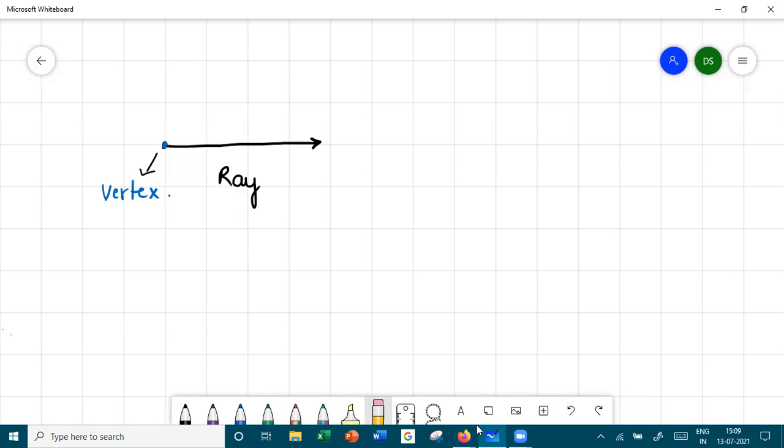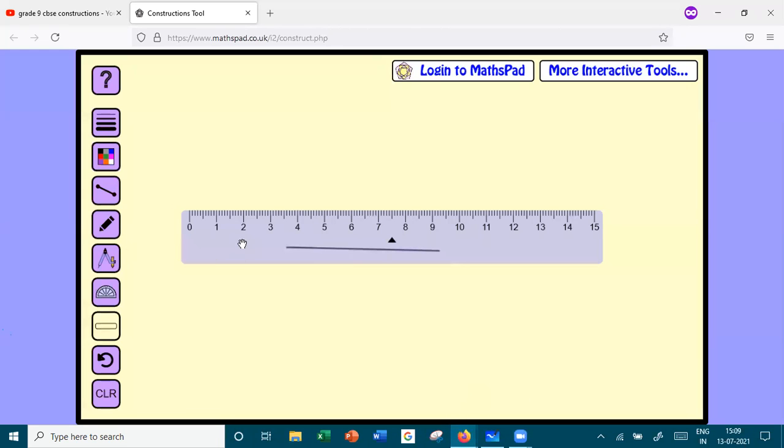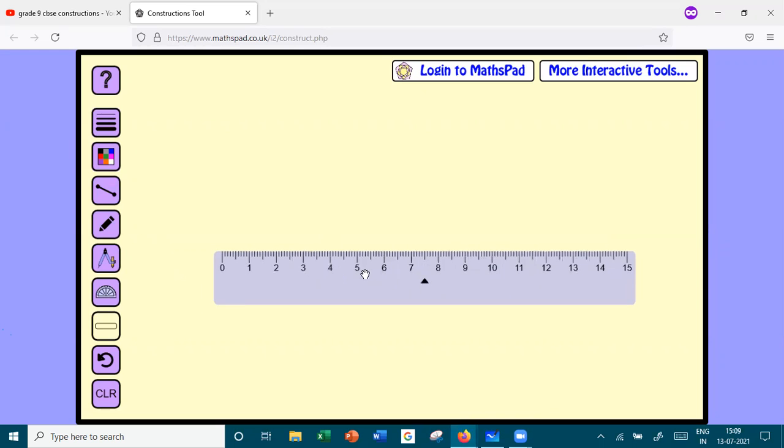And now we are doing the first part. You can write this in your book also, which is how to construct a 60-degree angle, right? After this, we'll do bisectors and other angles, right? Let's start with a 60-degree. I have this online construction tool where I can construct everything and show you. This is helpful, so you can also follow, right?